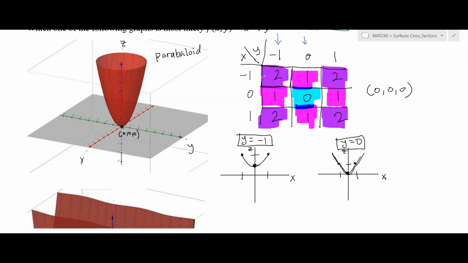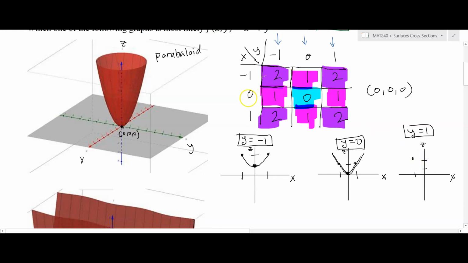And I could do the same thing for y equals +1. And for y equals +1, if we plot z versus x, well, that's going to be the third column. Y is equal to 1. And so now I'll be looking at when x is -1, z is 2.